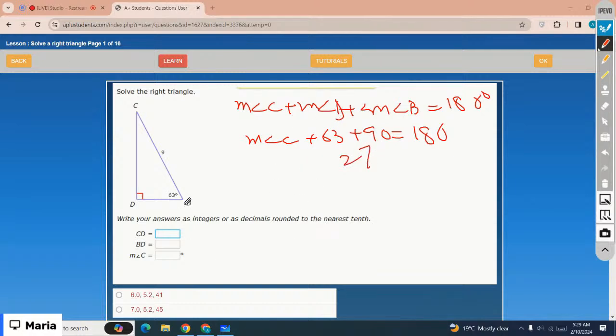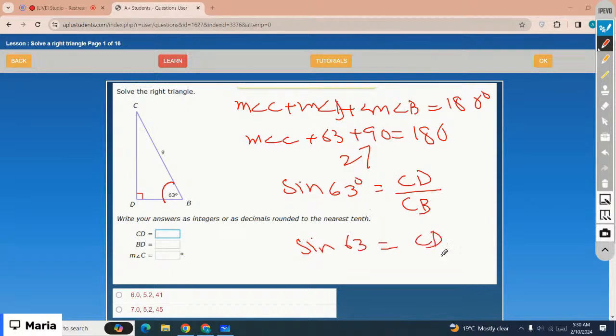Okay, now we need to find the other sides, right? Let's see how do we calculate. Sine 63 equals CD divided by CB. So sine 63 equals CD, which you have to calculate, and CB is 9.